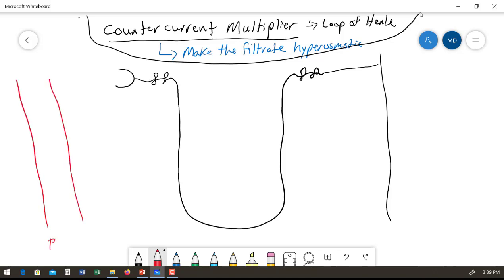This is how our blood flow is going to go. It really doesn't matter the direction. And essentially, this is a representation of the vasa recta. All right, so understand that this blood flow that I have over here to the side is really overlaying or next to the loop of Henle tubules.